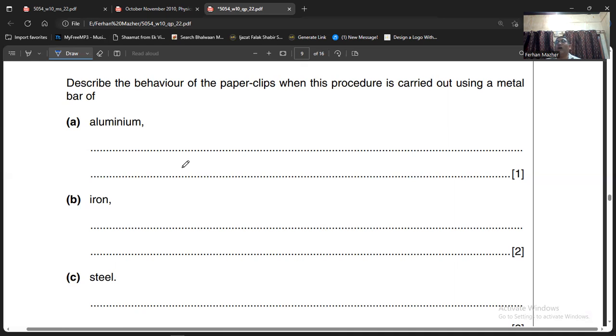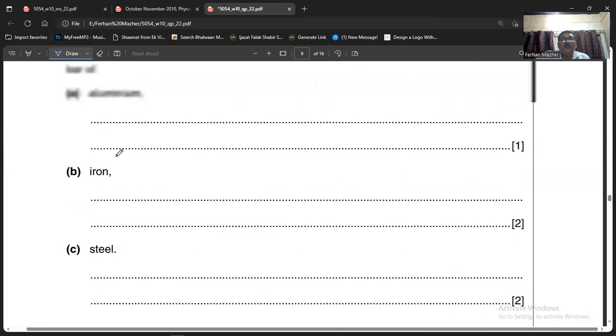So you have switched off the current, but the steel will not demagnetize immediately. It will retain its magnetic properties for a longer time. So a lot of the paper clips will still remain attached to that steel rod even after you have switched off the current.